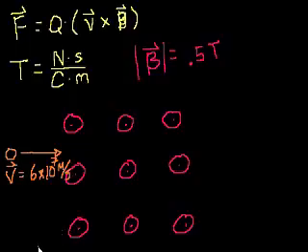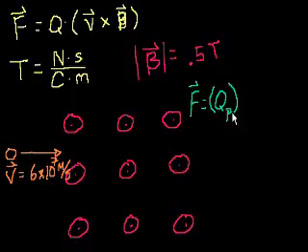Well, let's figure out the magnitude first. First of all, what is the charge on a proton? We don't know it right now, but my calculator has that stored in it, and if you have a TI graphing calculator, yours will also have it stored. So let's just write that down as a variable right now. The magnitude of the force on the particle is going to be equal to the charge of a proton, I'll call it Q sub p, times the magnitude of the velocity, 6 times 10 to the 7th meters per second.